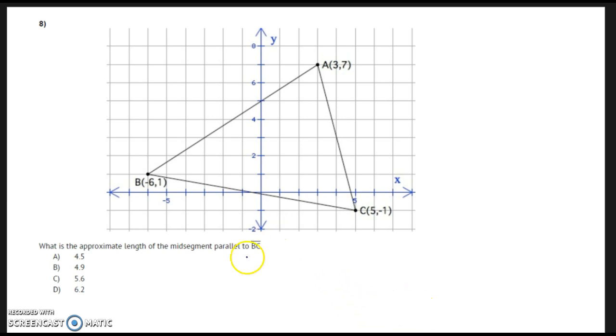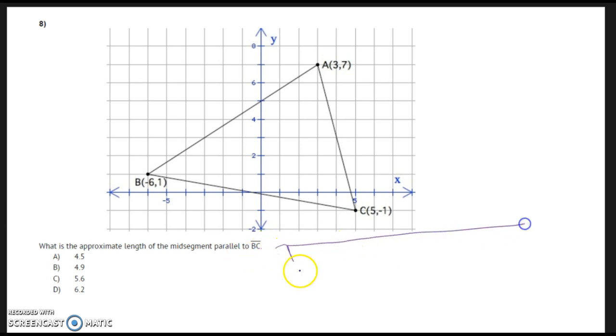Now number 8 is asking us to find the approximate length of the mid-segment parallel to BC. Well, if we want to know the approximate length of the mid-segment parallel to BC, it's going to be half the length of BC. So we need to use the distance formula and find the length of BC.